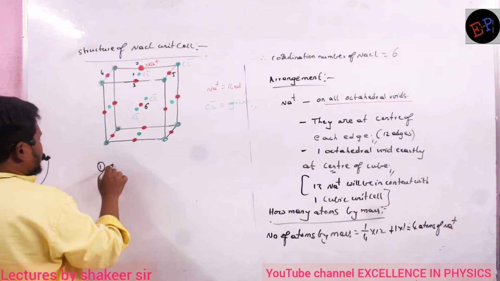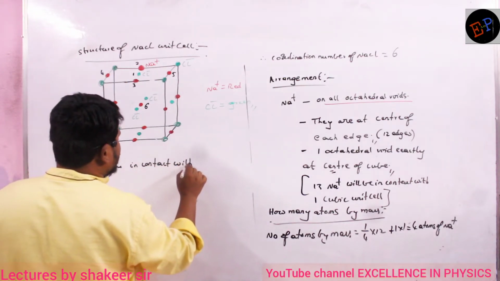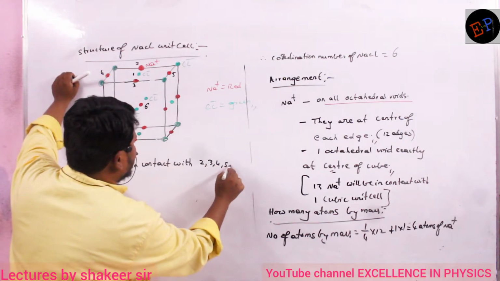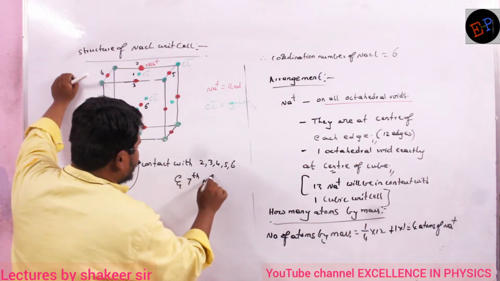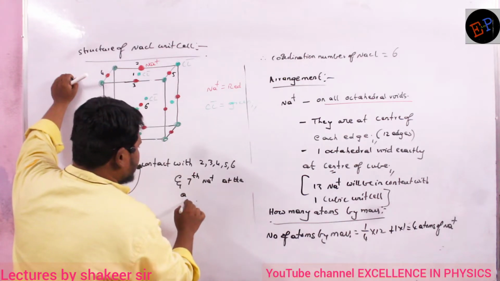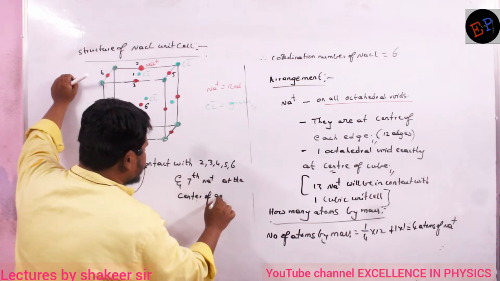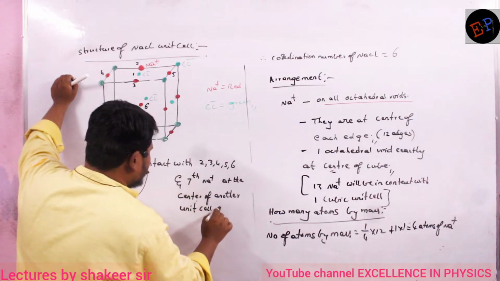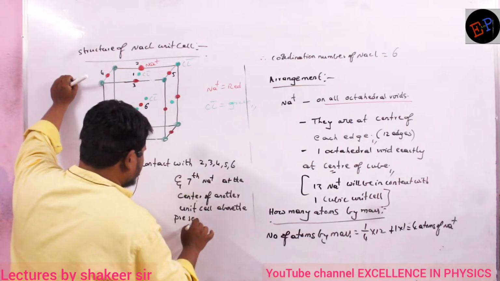So 1 is in contact with 2, 3, 4, 5, 6 and the 7th Na plus at the center of another unit cell above the present unit cell.